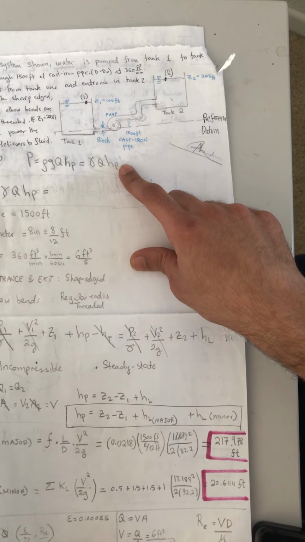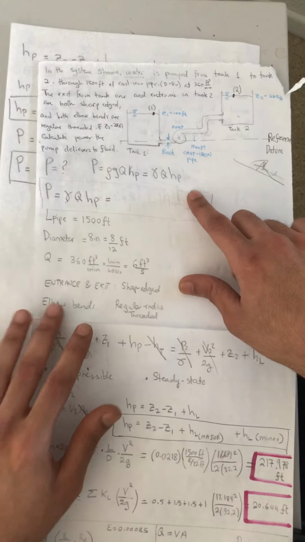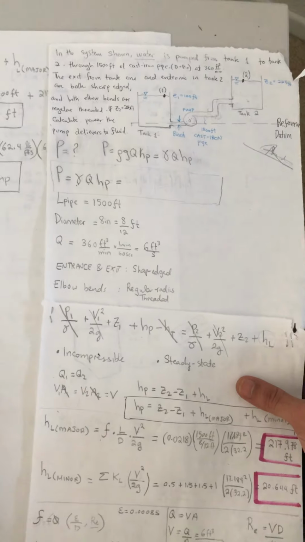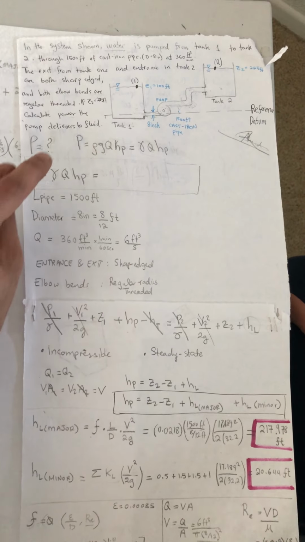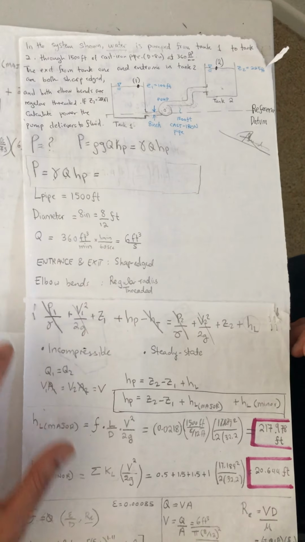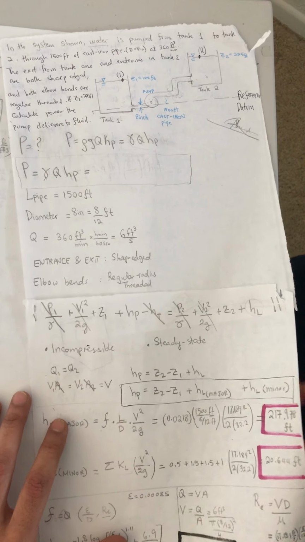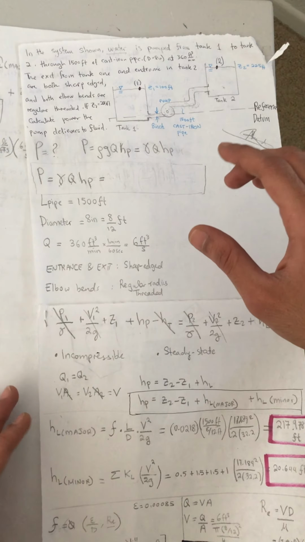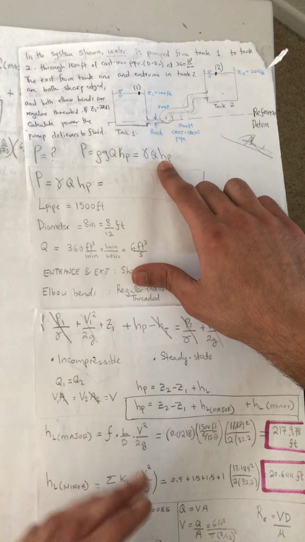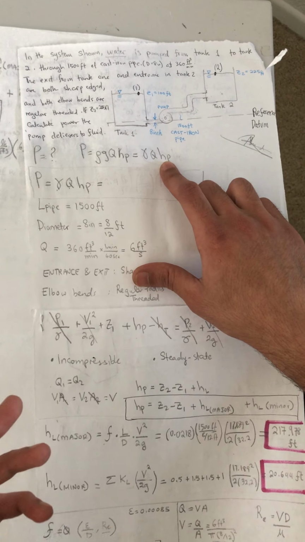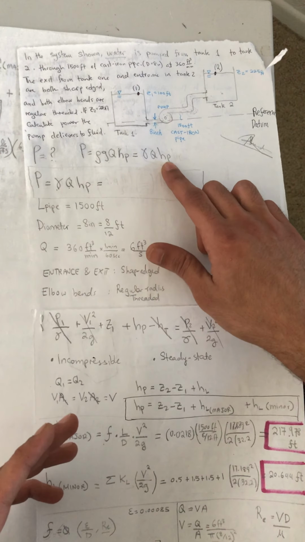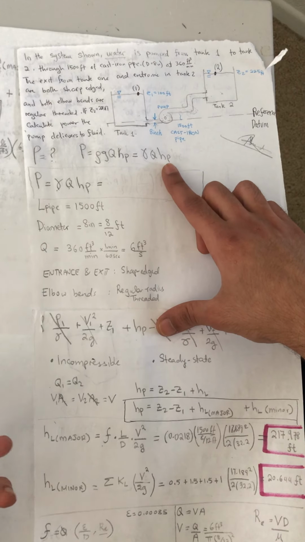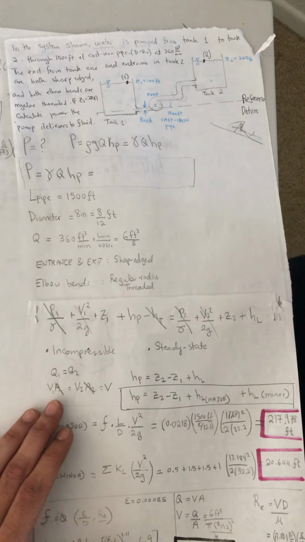So it is the measure of the power of our pump. And after knowing the issue that is stopping us from calculating the performance, we went ahead and tried to solve for the head gain of the pump.